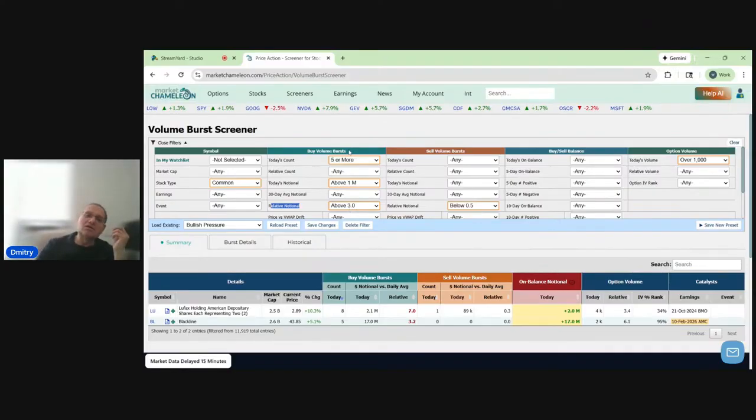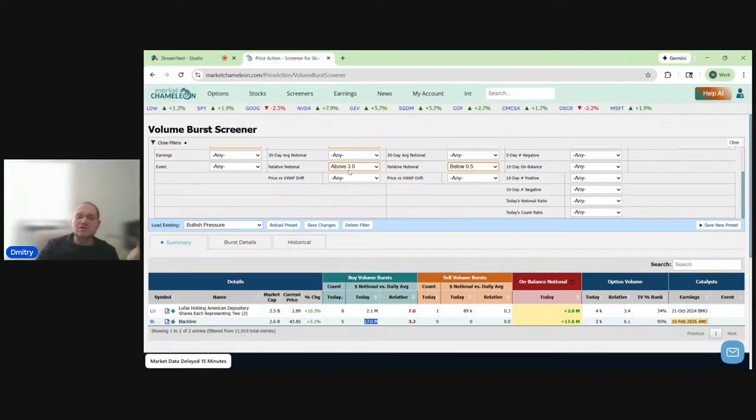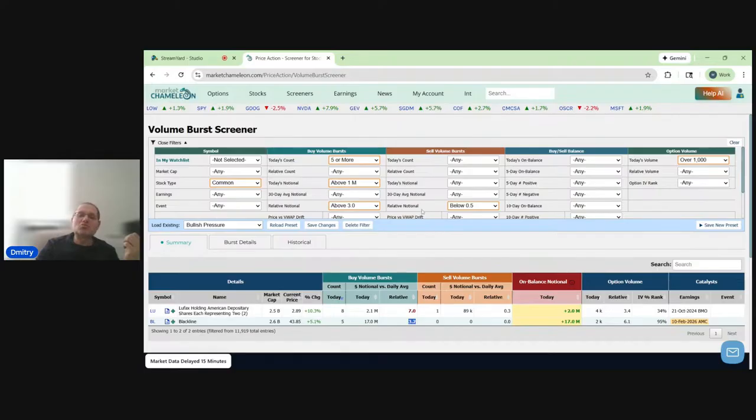So on the buy side, what we're looking for is at least 5 or more volume bursts, and a total of $1 million in notional value. So you could see these are above 1 million, 3 times the typical average. And then what I did was put on the sell volume burst that the relative notional was below 0.5.